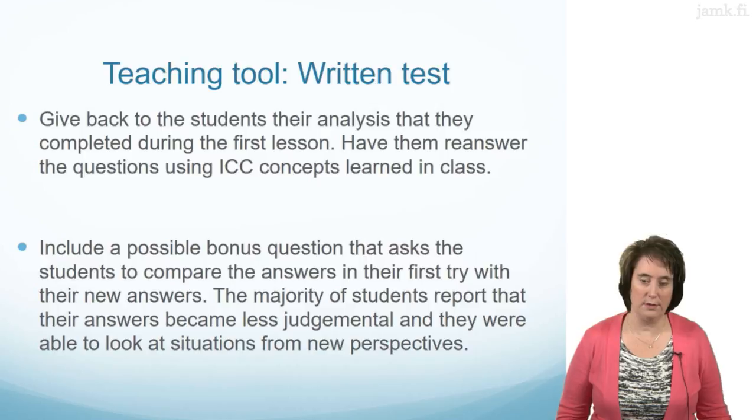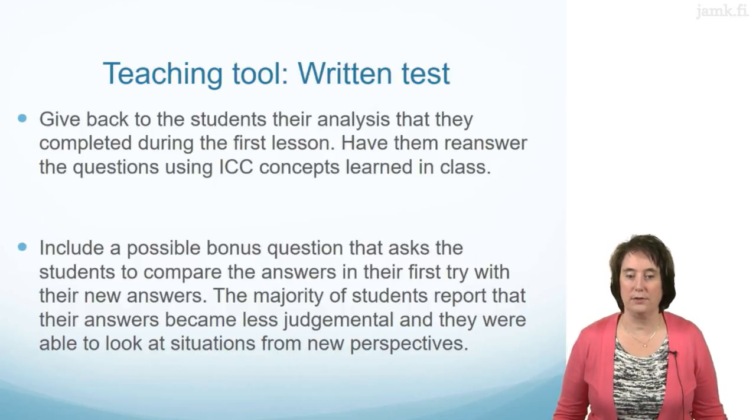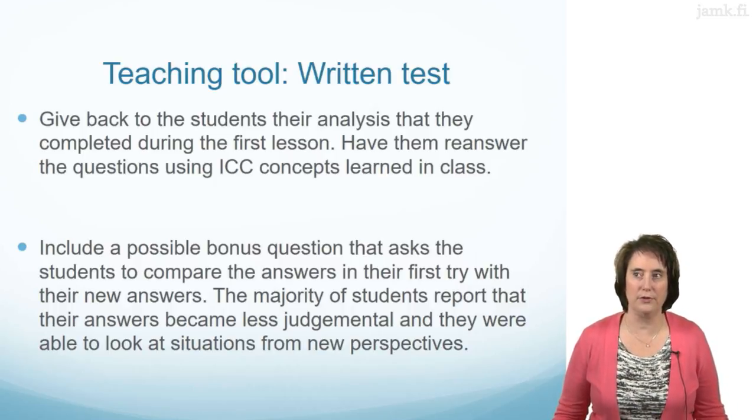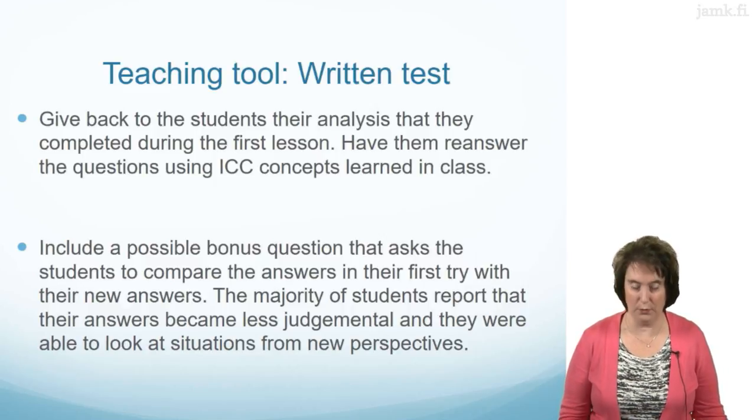So two questions, students can go as in-depth as they would like, and then we might include a possible bonus question that asks the students to compare their answers in their first try with their new answers. And the majority of our students report that in the first try they were quite judgmental, they were kind of shooting from the hip, and now when they look at the video again, they're able to look at situations from new perspectives.